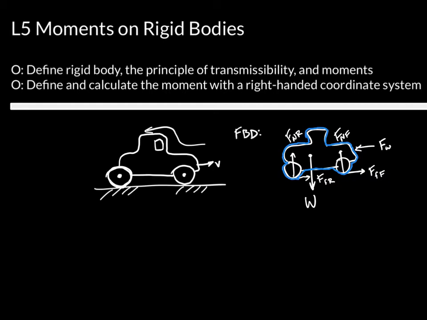I don't care about anything else that's going on inside of the car. All of these things that are happening on that surface are my surface forces: 1, 2, 3, 4, 5, because all of those are happening on the edge of this car. These are surface forces. If it's inside that surface, I don't care about it. If it's outside that surface, I don't care about it. It's only the things that are acting on that surface.